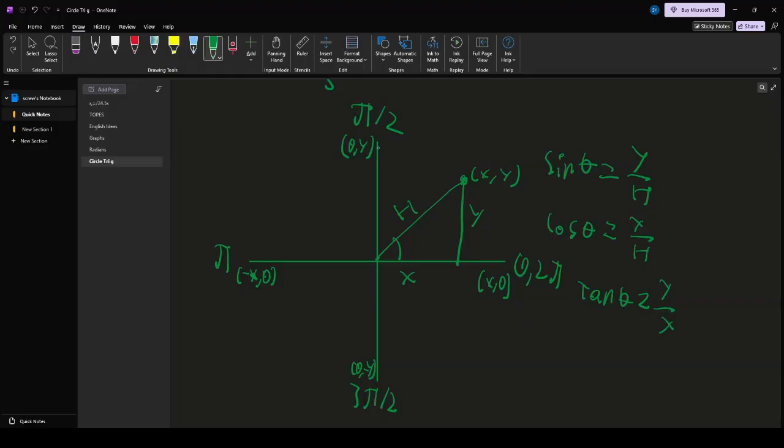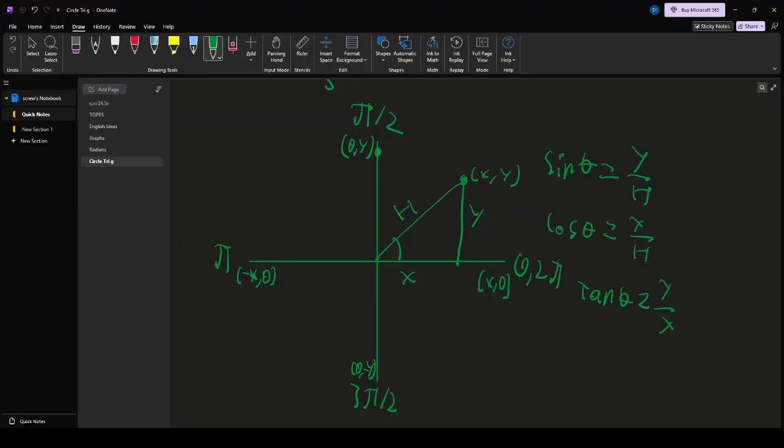But then when your point is on the axes, one of the values will be 0. When your point is on either axis, your hypotenuse is non-existent. It's not 0, it's non-existent. It's not there. How many times do I have to say that?